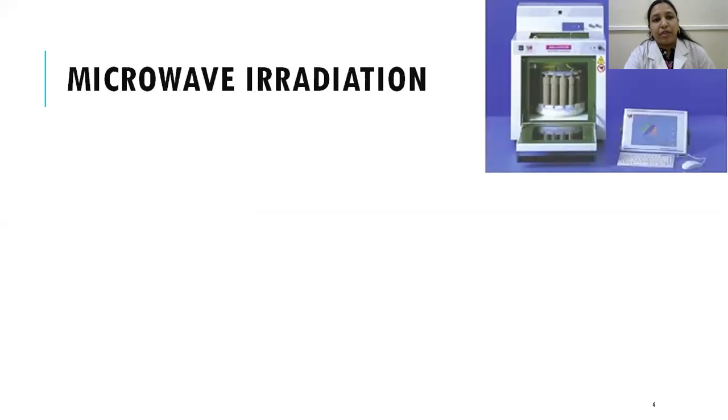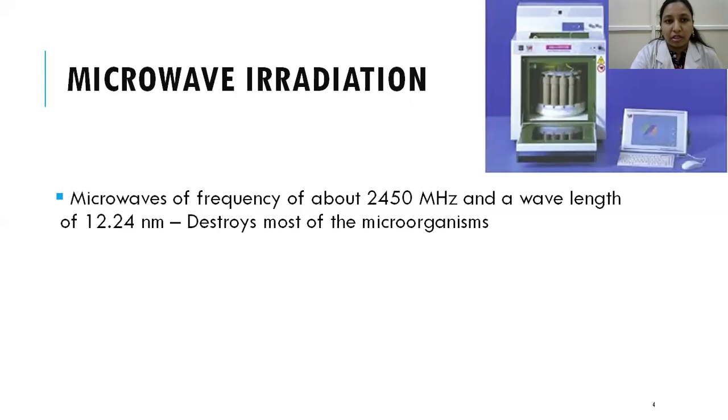So first, microwave irradiation. Here, microwave is used for the disinfection process. Here, the frequency used is about 2450 Hz with a wavelength of about 12.24 nanometers, which destroys most of the microorganisms. So using this disposable method, we usually disinfect the recyclable waste like syringes, needles, and tubings.